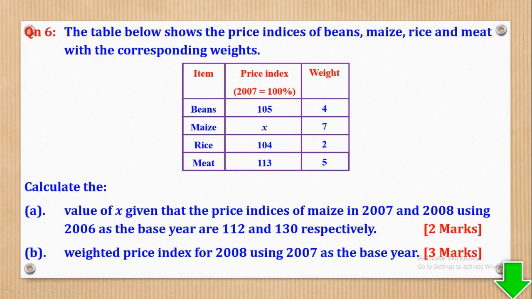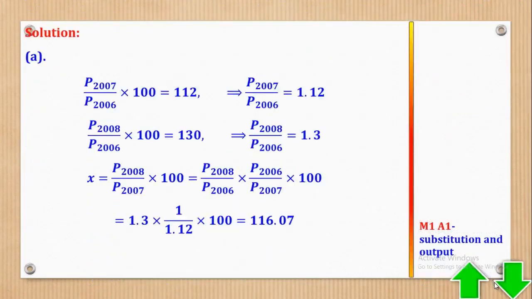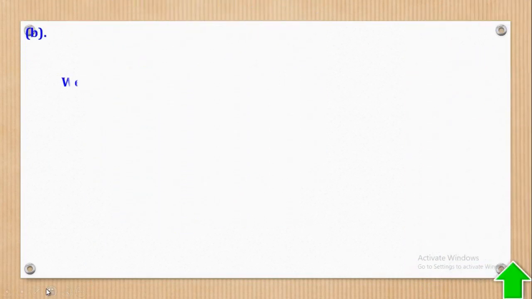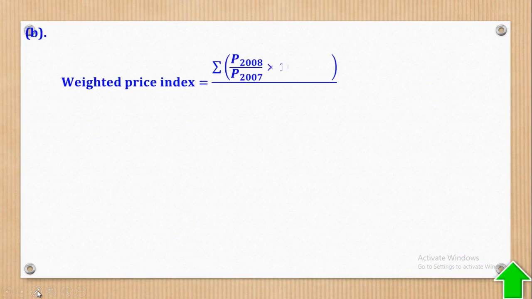So in this case they didn't specify, meaning that they want weighted average price index. So we shall come here and get the weighted average price index. So I'm putting the 100 inside this bracket because the values show that 100 was already multiplied to get the price index.